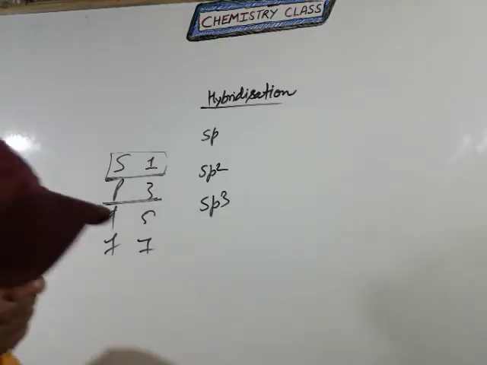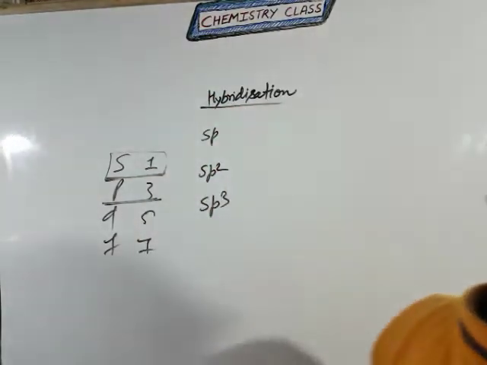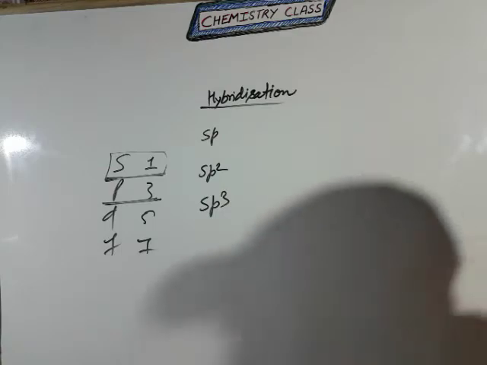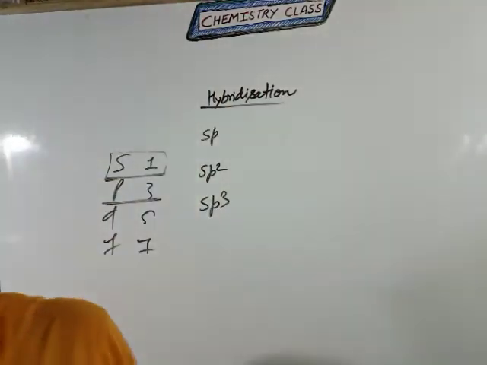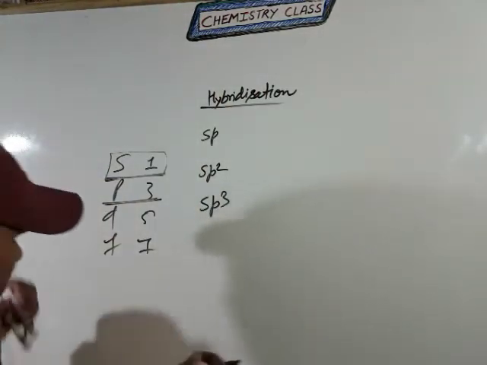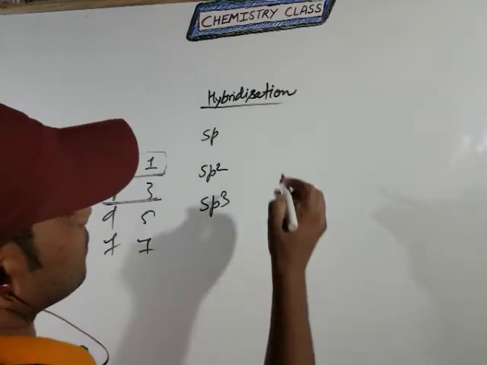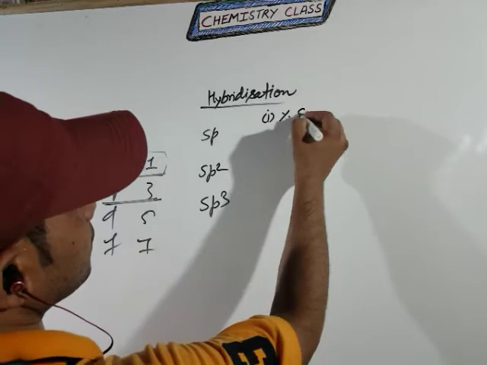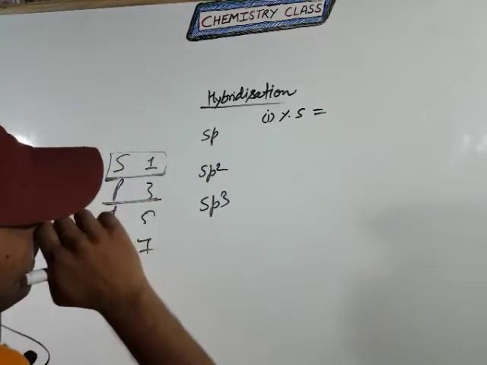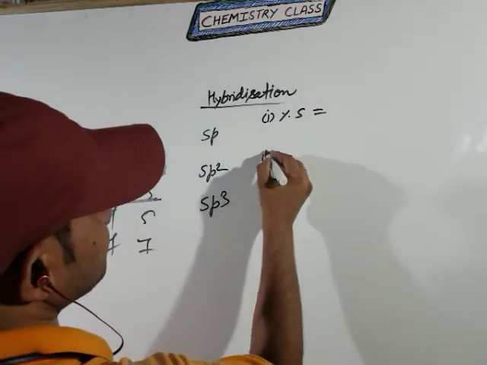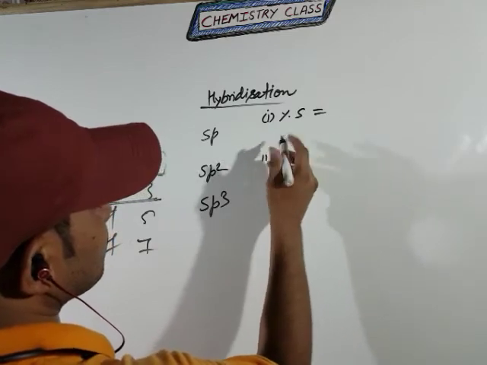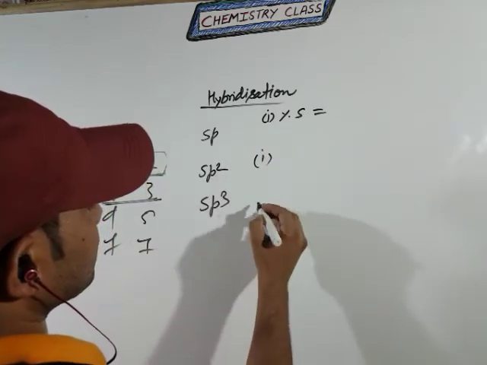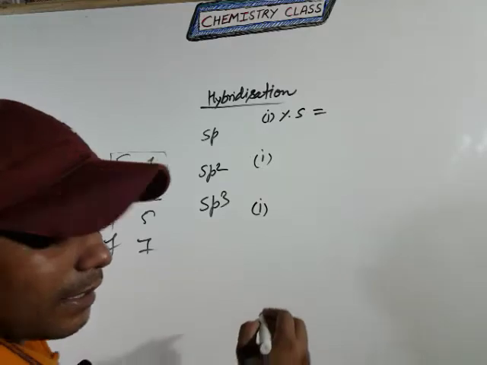So these are the types of hybridization, and someone requires the percentage of S character and P character in the given hybridization. So students, first we calculate the S character of the sp, same for the sp2 and same for the sp3.